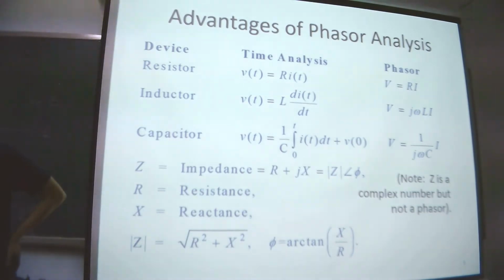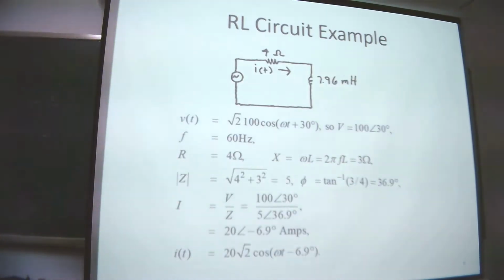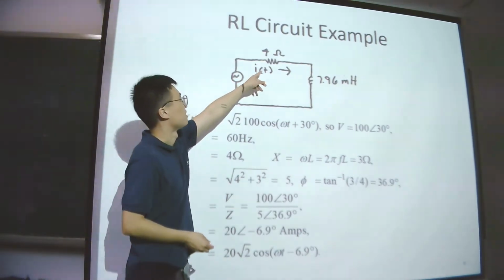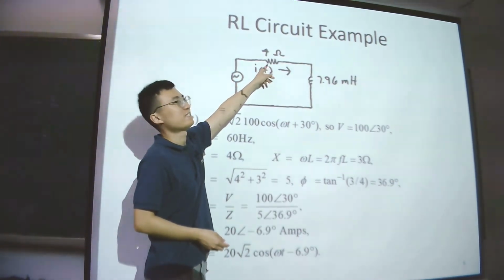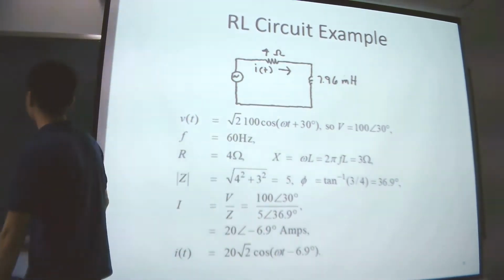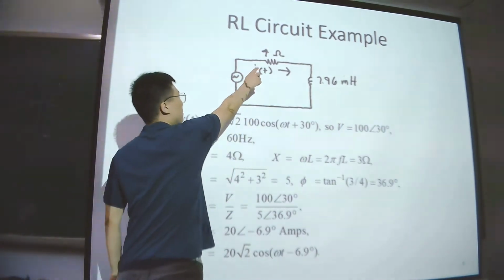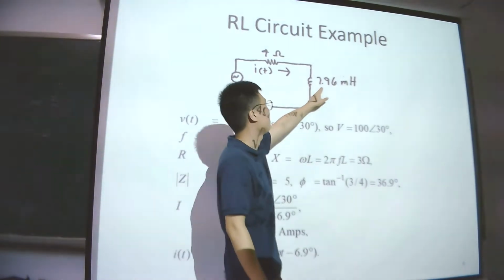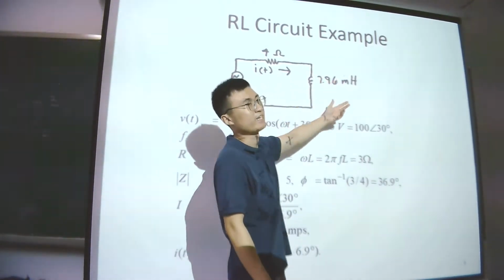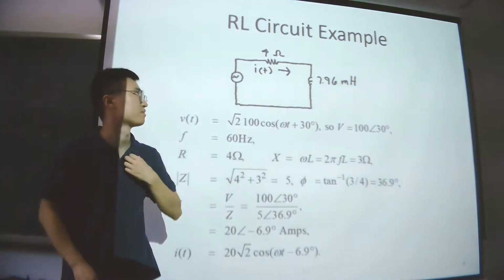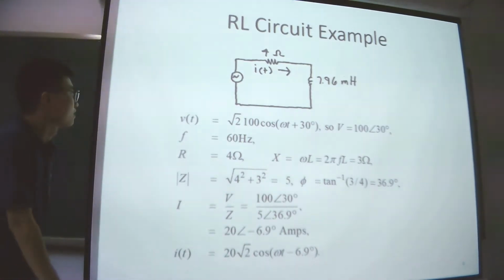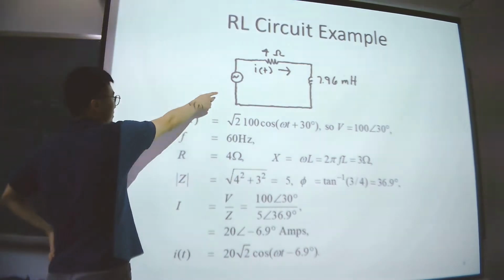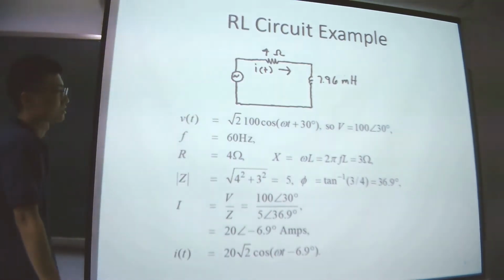I will give you one example, okay? And the current source, right? And this is the resistor, the American way, 4 ohm, right? And this is the inductor, 7.96 millihenry. So this is the voltage source to produce.